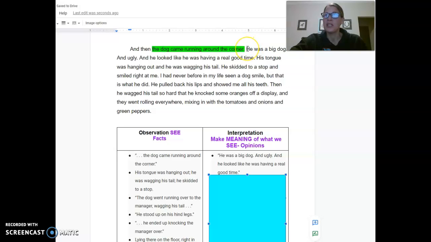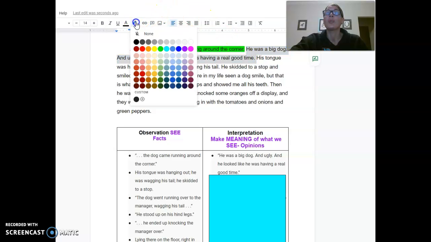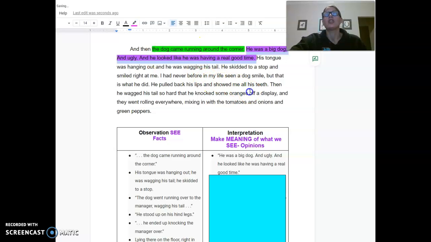And you notice the interpretation comes next. This is kind of like elaboration on our RACE rubric. He was a big dog and ugly, and he looked like he was having a real good time. Okay, so that is the interpretation that she had when she saw the dog coming around the corner.